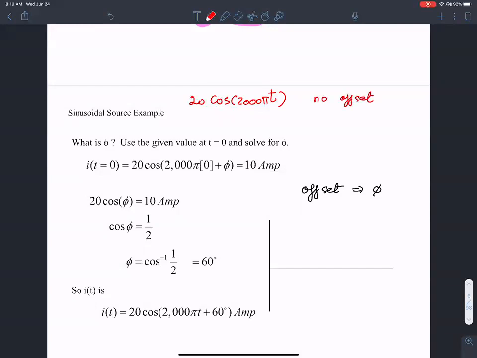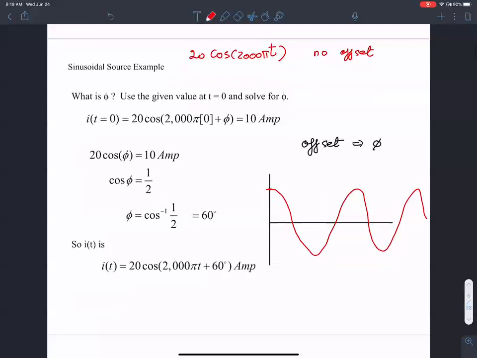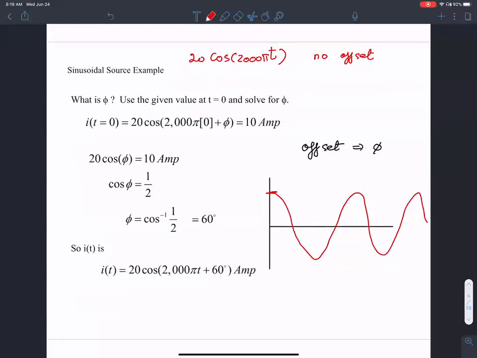If I were to plot it, it would appear something like this. Pardon my drawing, I'm not the best artist in the world. Along the x-axis is time, along the y-axis is the current.